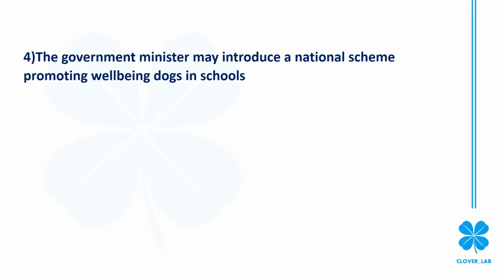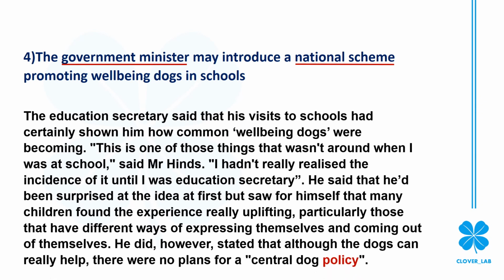Anyways, lastly, let's move to the fourth statement, which is the last statement. Look at this text. So here we should select government, minister, and national scheme as our keywords and continue scanning the rest of the text. So we gotta scan the text looking out for any words related to government and politics. And if you also notice, there is the word policy in the final sentence.